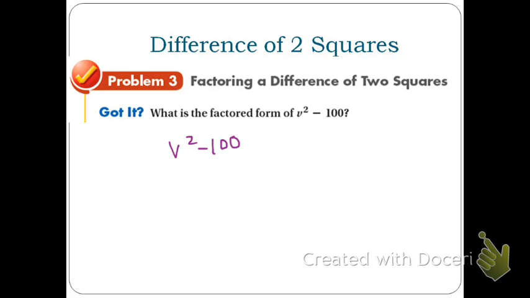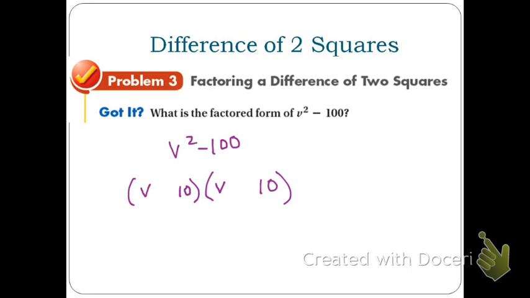I'm going to set up 2 sets of parentheses. The factors of v squared, if you take the square root, would be v and v. Those factors go in the front. The square root of 100 is 10. So I'm going to put 10 in the back of each binomial.